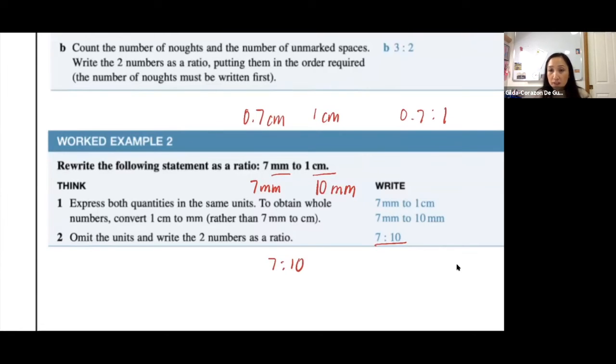When we multiply one quantity to one term, that's the same number that we multiply the other term. Just like when we have fractions, whatever you multiply on top, you multiply on the bottom, because ratios are precisely just fractions, right? So if we multiply this by 10, that means that becomes 7. And when we have 1 times 10, that becomes 10. And we're back to our answer here.